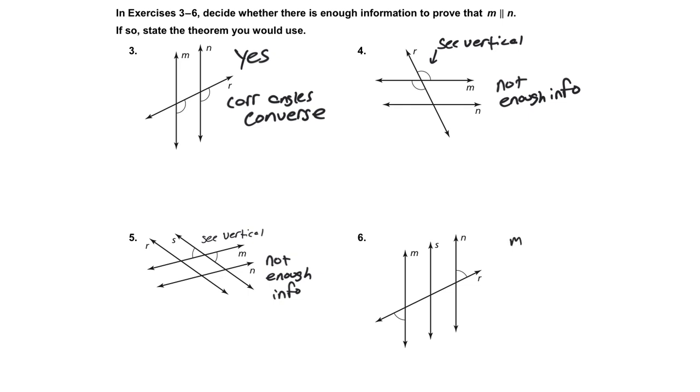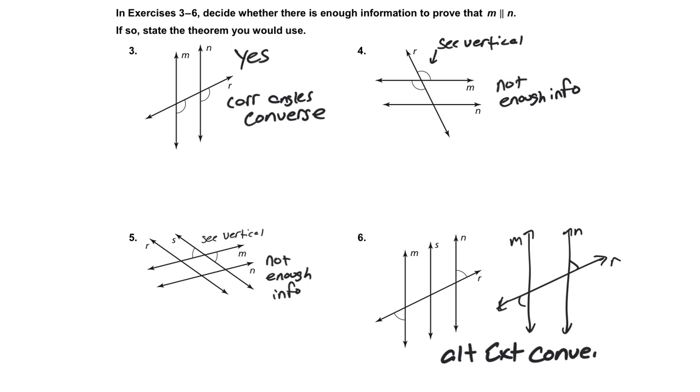Now, when I look at number 6, I'm going to redraw this. I have line M and line N, and my transversal here called R, and then I have these two angles here that are congruent. So I see alternate exterior angles that are congruent, but they're only with lines M and N. So I can say my alternate exterior angles converse theorem.